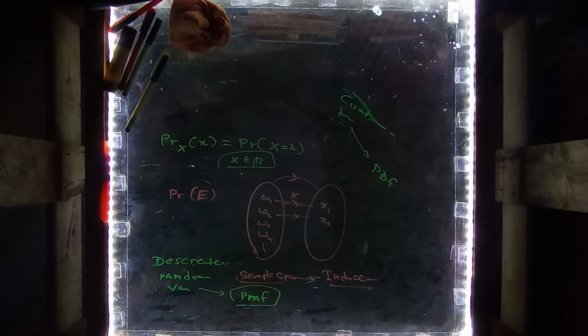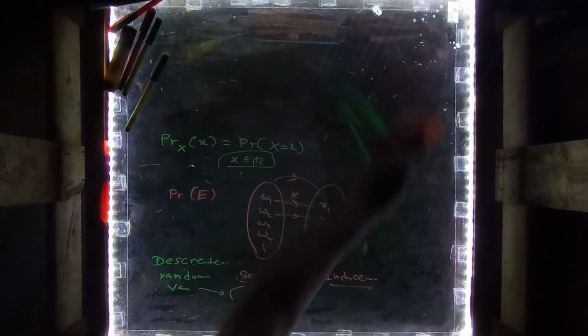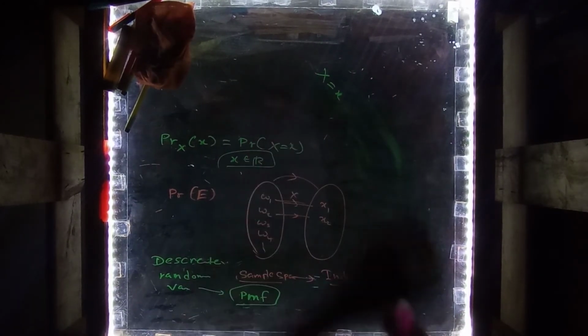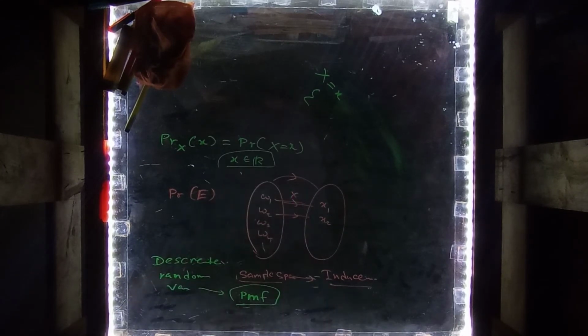Let me show you some more about how we can describe the sample space and the induced sample space. Upper X equals little x. This sample space was picked as omega.